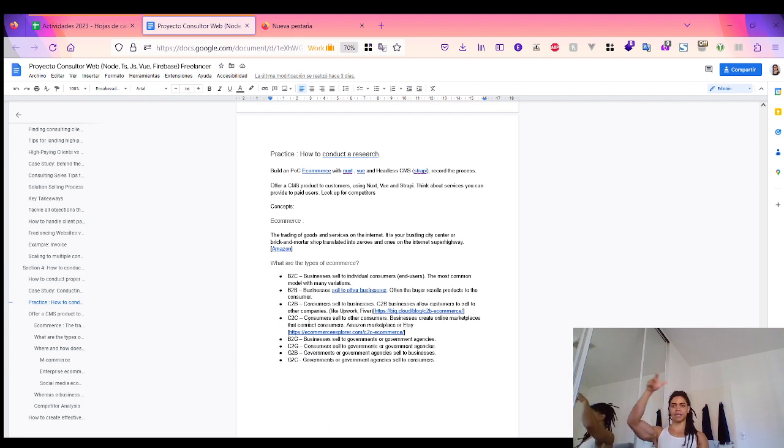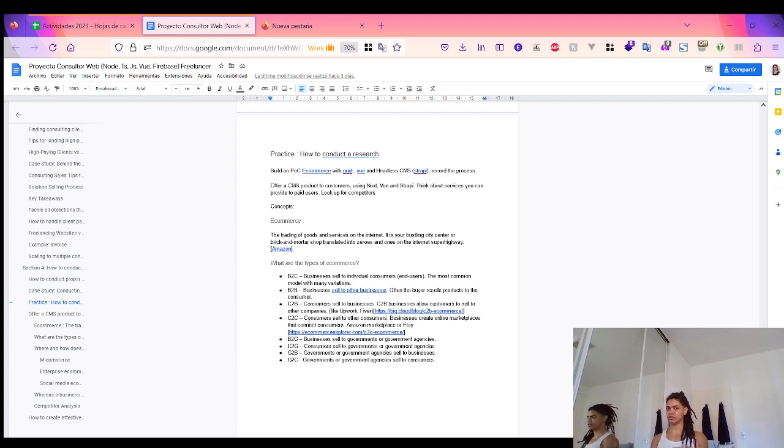But understanding that industry is the important thing. So understanding that industry, and the industry here is e-commerce. According to Amazon, e-commerce is a transaction of goods and services on the internet. So if your bustling city center or your brick and mortar shop is converted into zeros and ones on the internet superhighway.